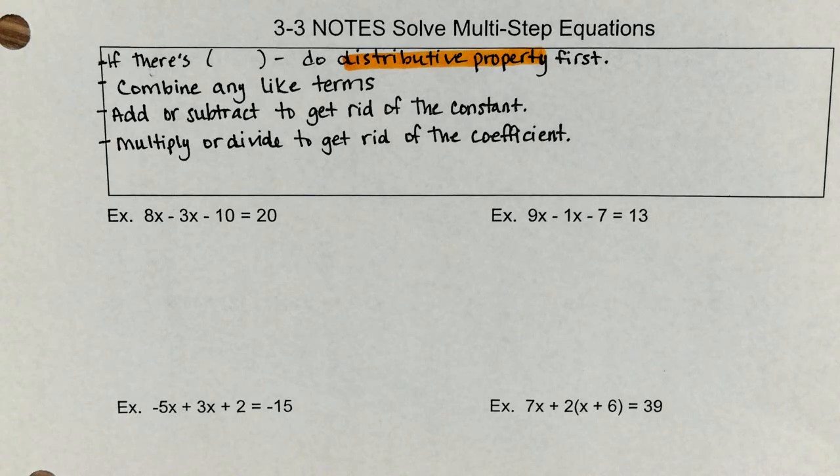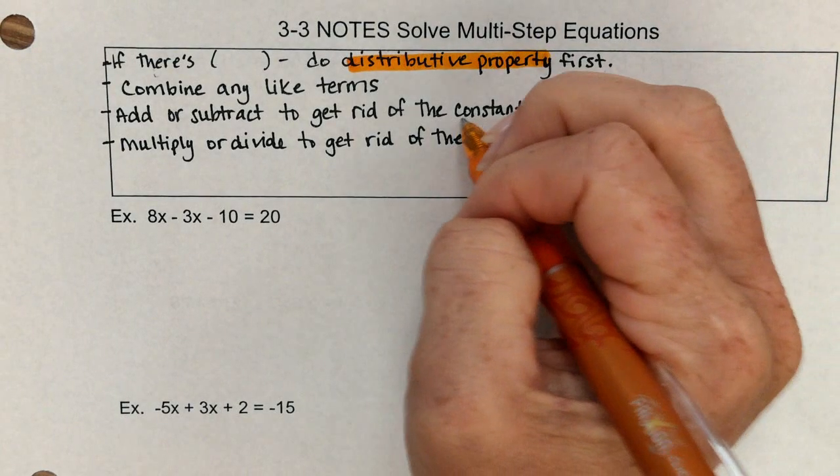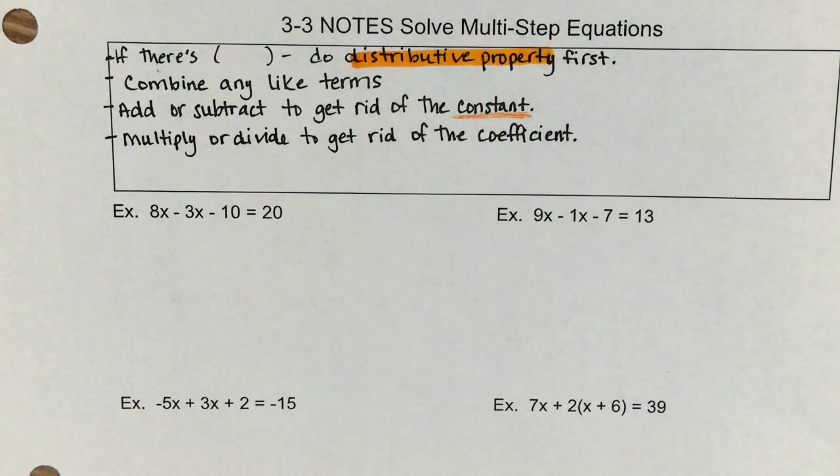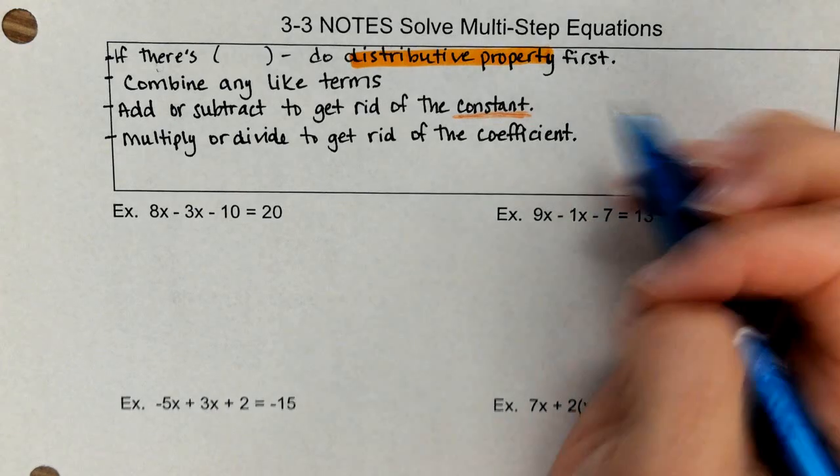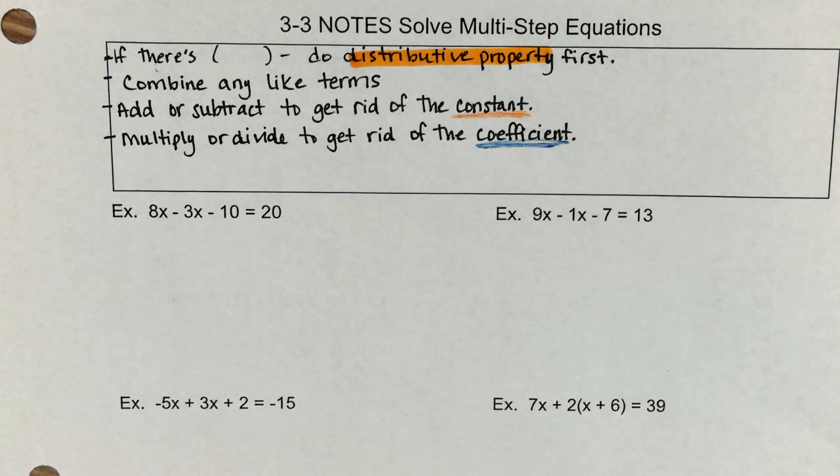Got it? The next step is to get rid of the constant. You get rid of a constant by adding or subtracting. You're trying to zero the constant out. Okay? And then the very last step is to get rid of the coefficient by multiplying or dividing.